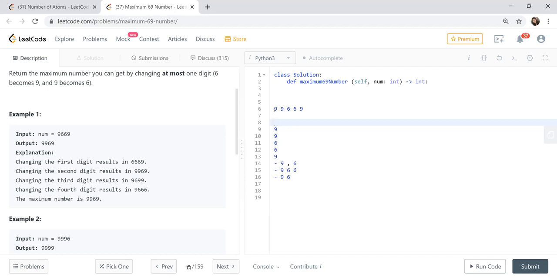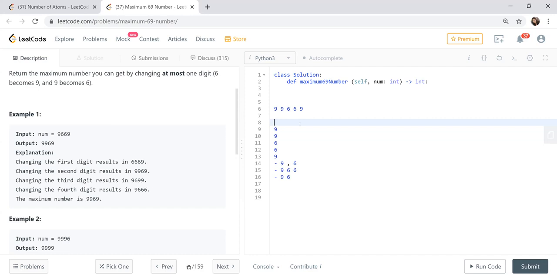So, like I mentioned, we can use a math log to find the number of digits for the given number. Then, given the number of digits, we can mod with 90,000, and then we keep doing that until we find the first 6.